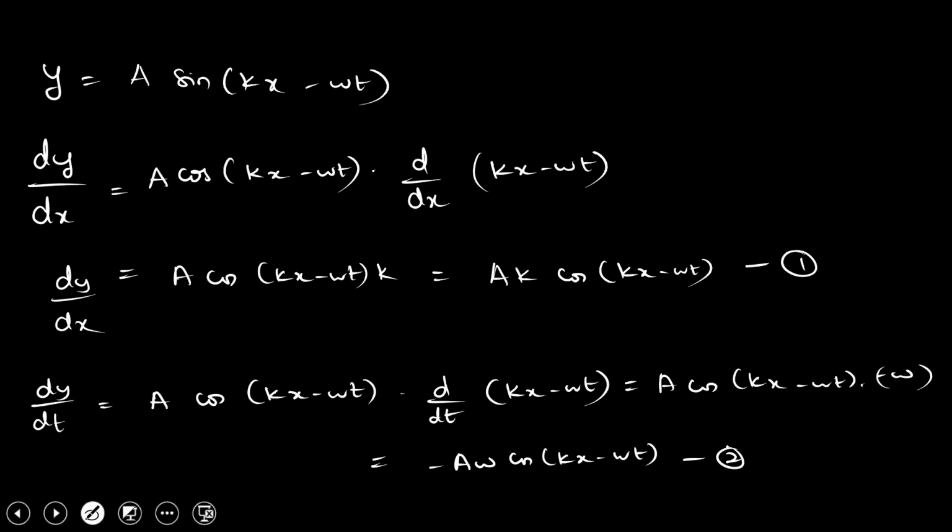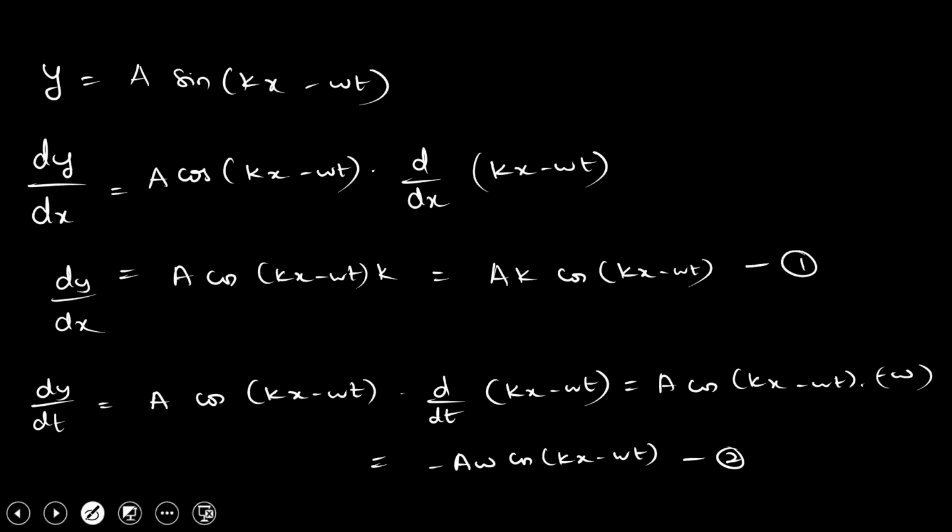Now if you observe, I can do a mathematical manipulation between these. I can divide them, I can multiply them, do whatever, in such a way that I don't want this cos function to exist. So if I don't want the cos function in 1 and 2, what am I supposed to do? I'll obviously divide both. When I do this, observe what I'm doing. I'm doing dy by dt divided by dy by dx. So what is dy by dt?